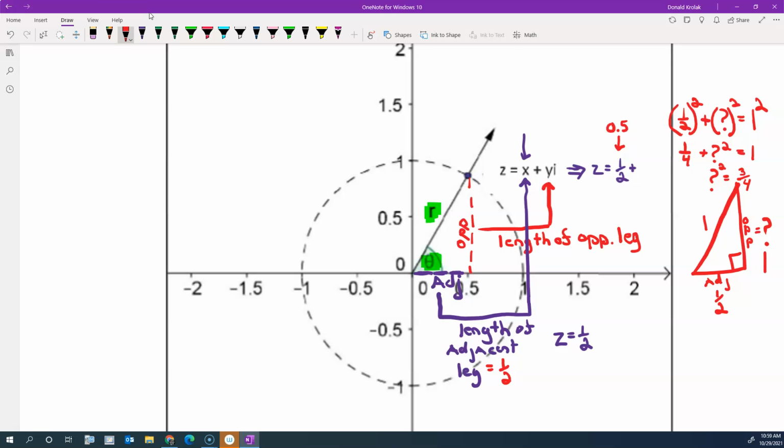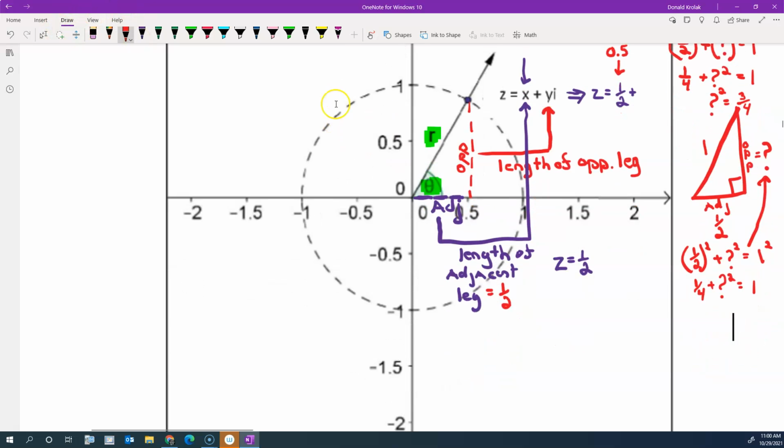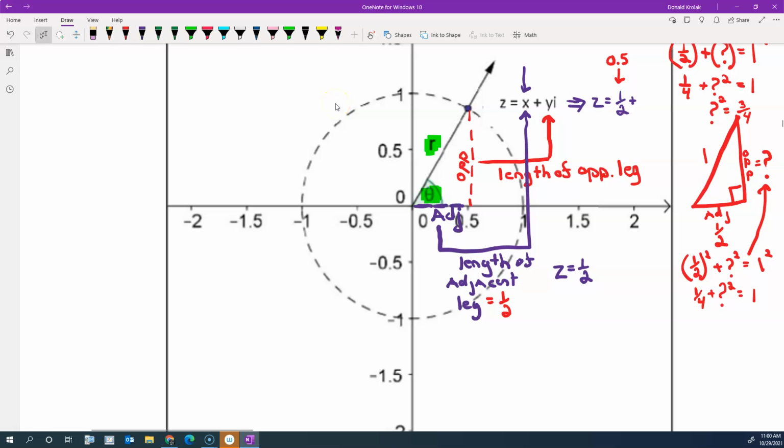So this length right here, and I'll do it down here, 1/2 squared plus what I'm looking for, squared, equals 1 squared. So that's 1/4 plus something squared equals 1. And then I'm going to do squared equals 1 minus 1/4, which is 3/4.